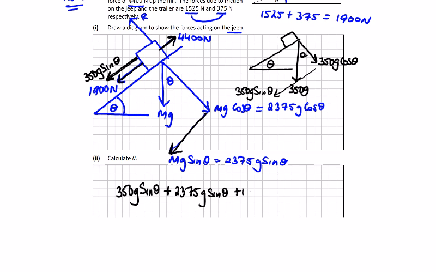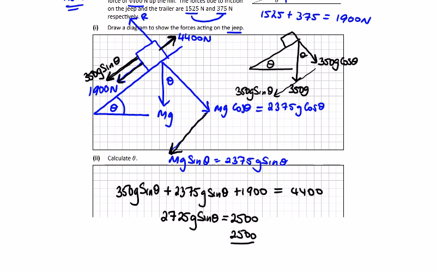We also have the 1900 has to be equal to the 4400 opposing it. So that is going to be 2725 g sine theta equals, that will be 2500.